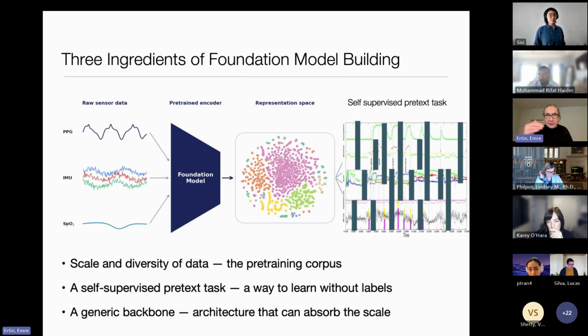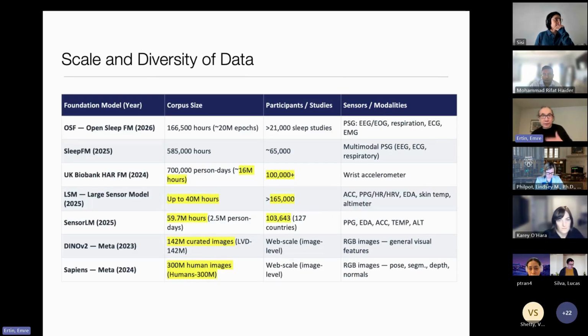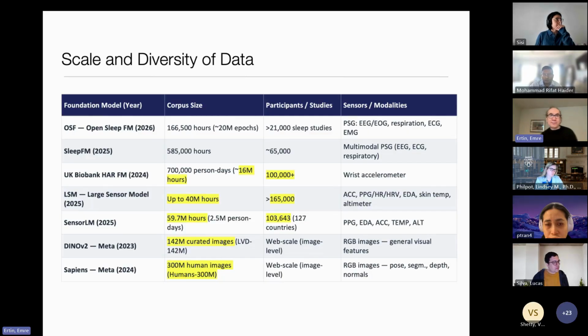So it requires these three components: scale, a self-supervised way to train it, and third, a large enough model to be able to absorb that information. Current models are favoring transformers, but I think that's not as critical as the first one. The power of these models comes from the scale and the diversity of the data we feed to them.